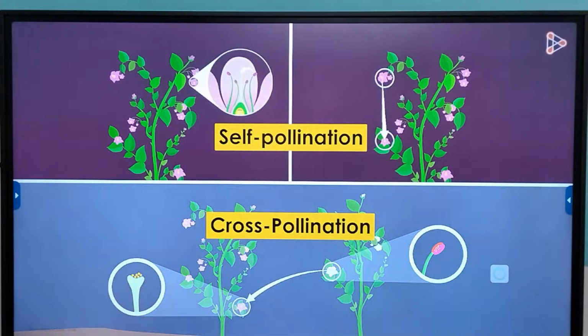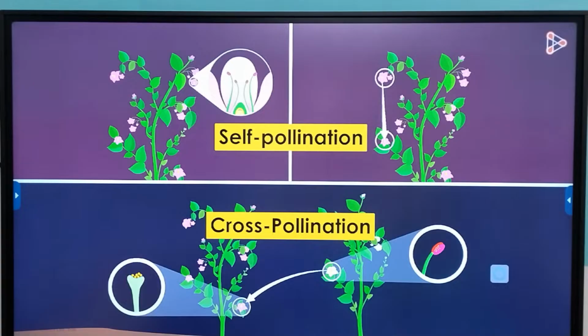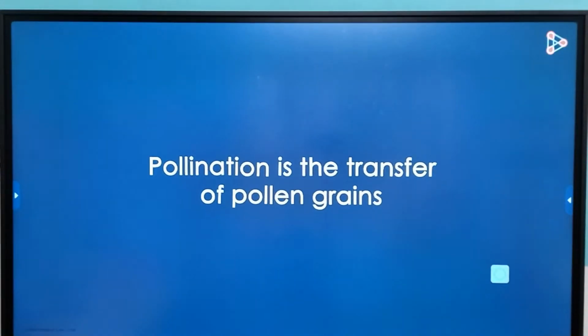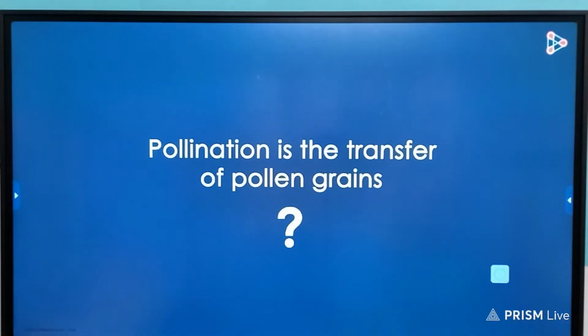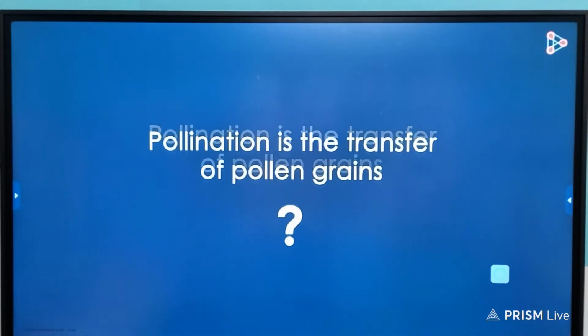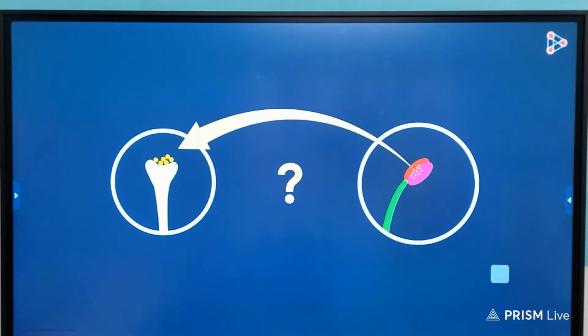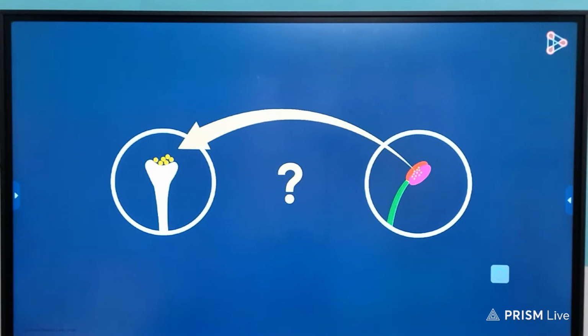And we also have cross-pollination that involves two flowers present on different plants. Now tell me one thing, we are saying that pollination is the transfer of pollen grains. But who brings about the transfer? I mean, who will carry out the translocation of pollen grains from the anther to the stigma of the same or different flowers? There are special agents that carry out the transfer.